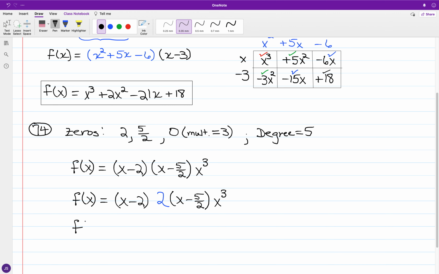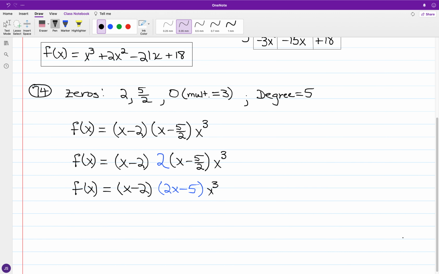And in the follow-through case, I have f of x is equal to the quantity x minus 2, and then we have 2 times x minus 5 halves. Okay, this will be 2x minus 5. And once again, I have x to the third.